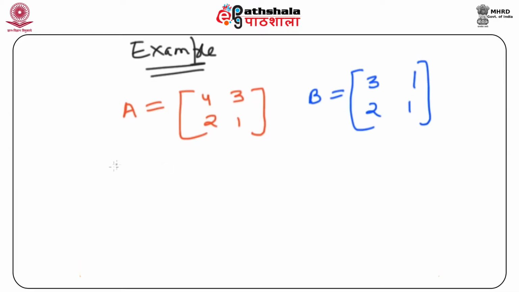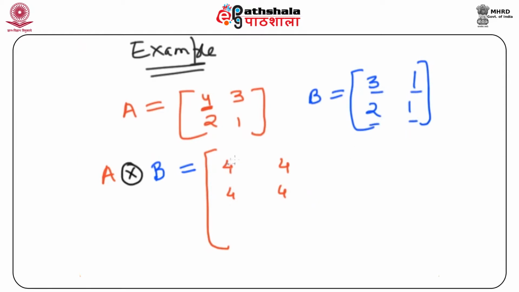In this case, the direct product of A with B is found as follows: we take the first element of A, from the first row and first column, and write it at these four places. Then we take all the elements of B and write them in the respective places, that is, 4 into 3, 4 into 1, it is coming from this position, then 2 will come here and this one will come here.